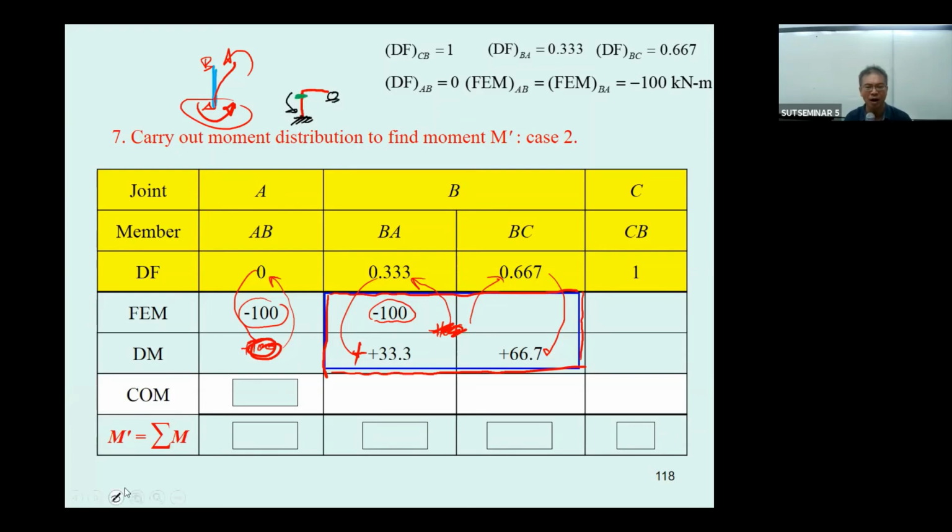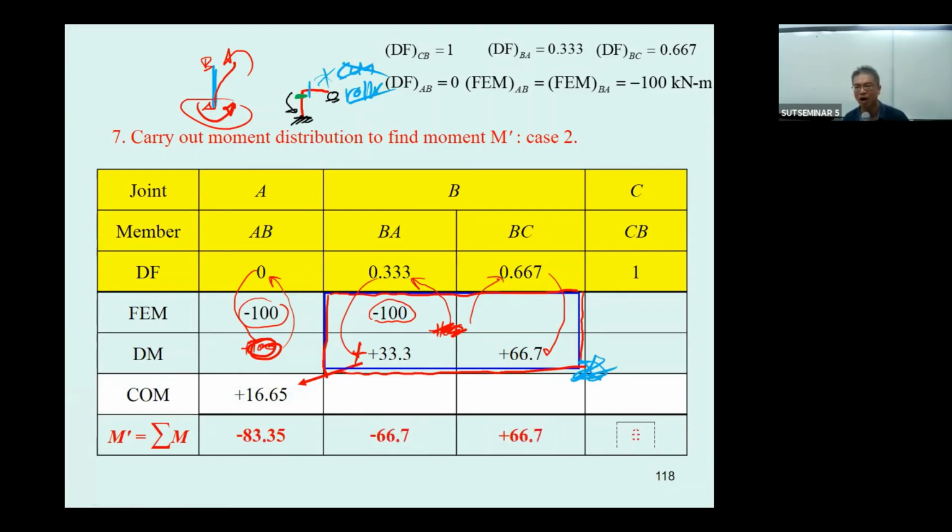But on the other end, for 66.7 you cannot carry over moment to here because this is the roller. Now there is no carry over moment, but there is a correction here. It's 16.65.